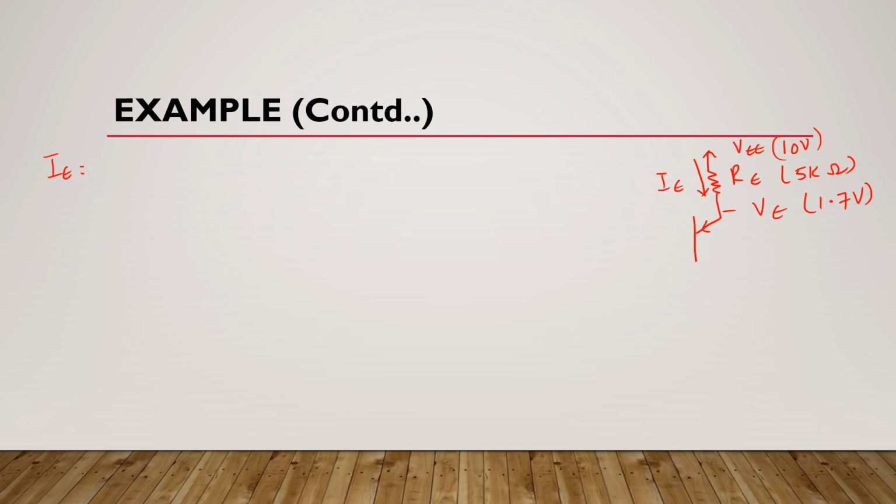So the equation of this IE will be VEE minus VE divided by RE, because VEE is at higher potential here. If we put all values here, 10 minus 1.7 divided by 5K, it will give you 1.66 milliamperes. Okay, so this is your emitter current.